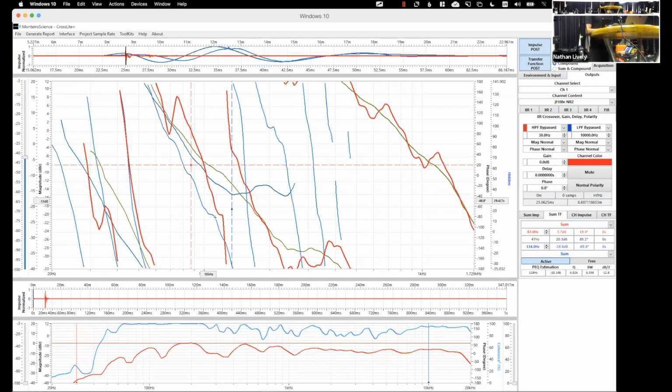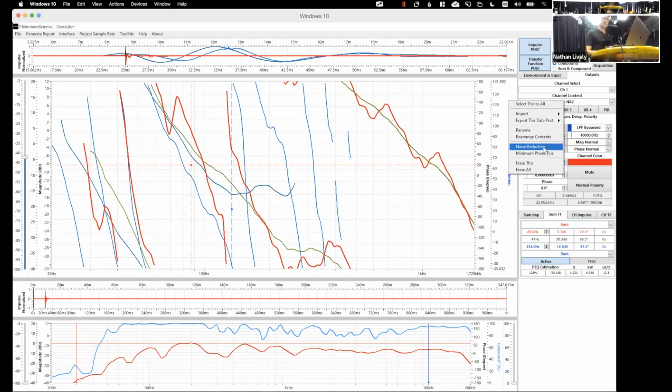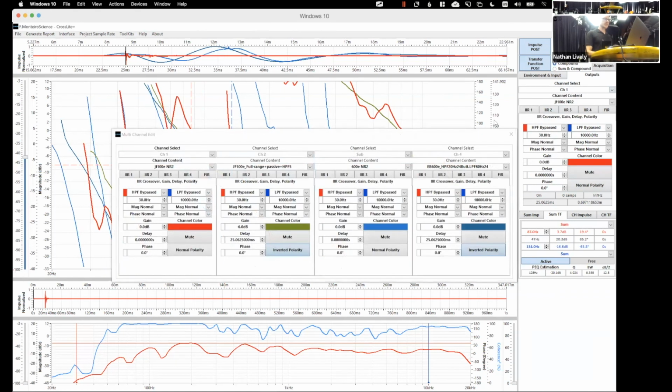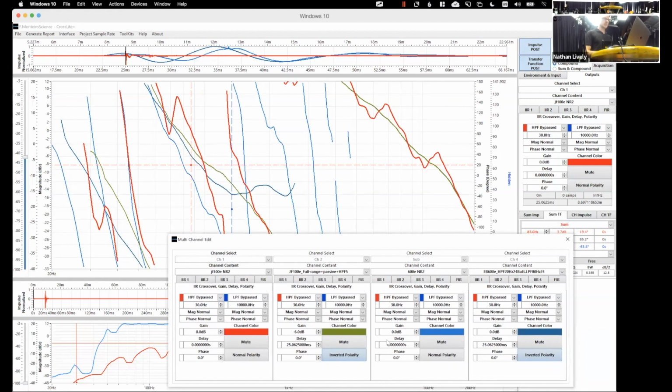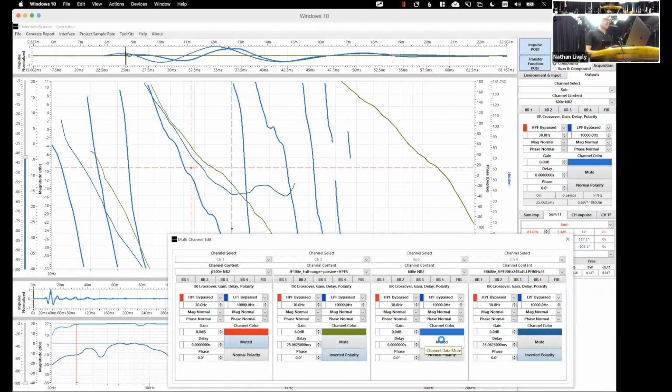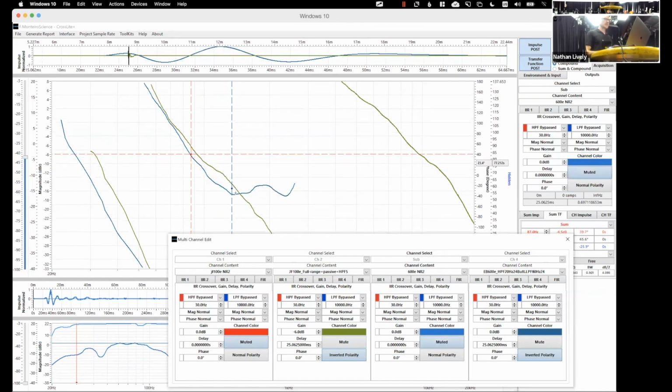And notice that data we measured in the room, it's tough to see. So let's go back to multi-channel edit. So through that area, we'd really like to see these guys be within 60 degrees like they are here.